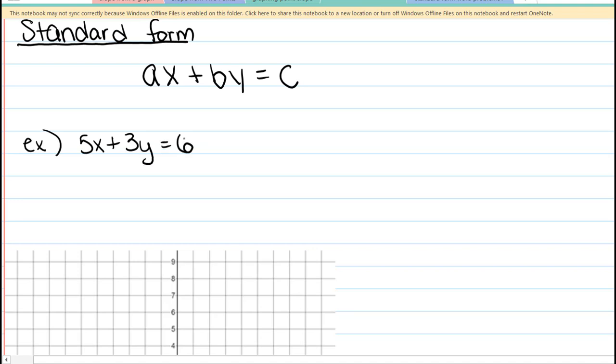We know a point is on a line because when we substitute the values, the left and the right side of the equation will be equal.